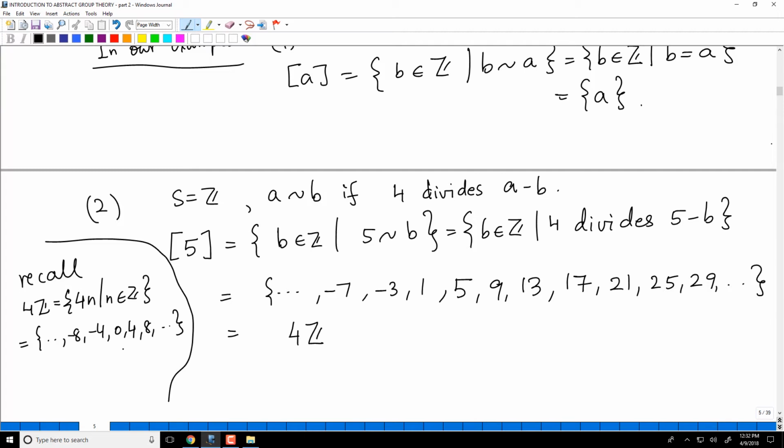Of course it's not that, but it looks like 0 is replaced by 1, 4 is replaced by 5, 8 is replaced by 9, minus 4 is replaced by minus 3. So I can write this as 4Z plus 1. You take 4Z and add 1 to each element.